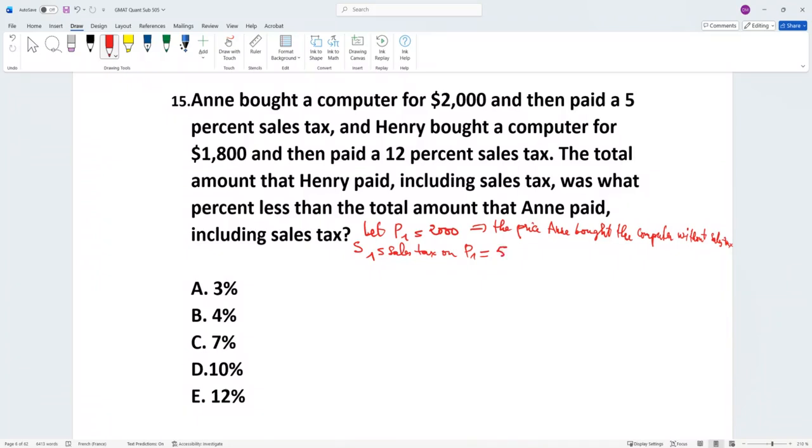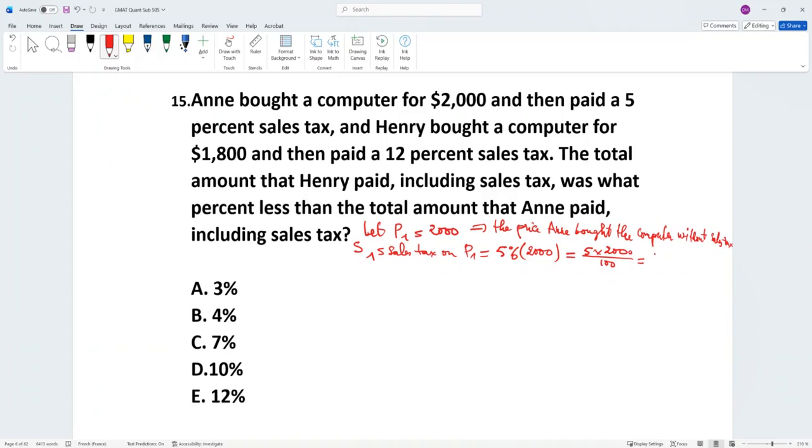So that will be 5% of 2,000, which is equal to 5 times 2,000 divided by 100.